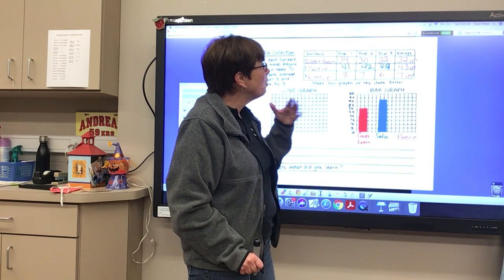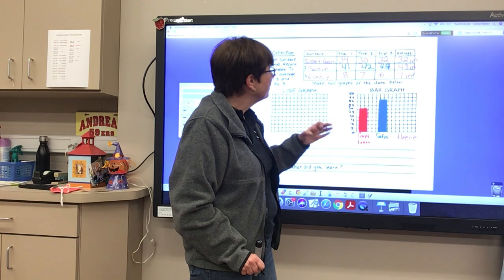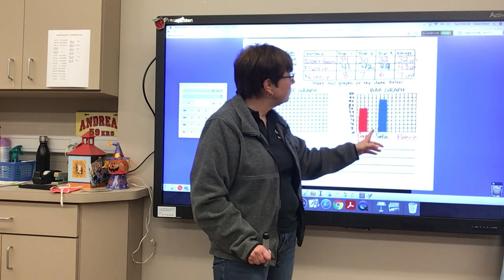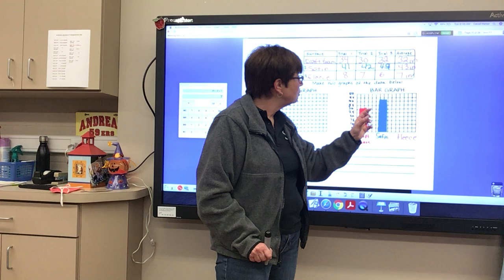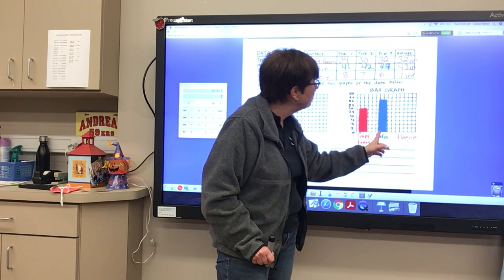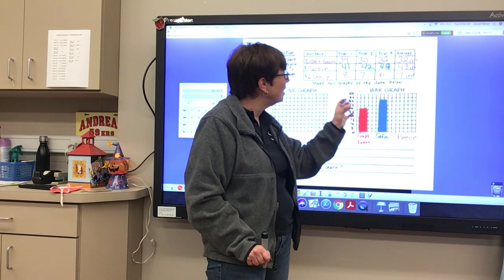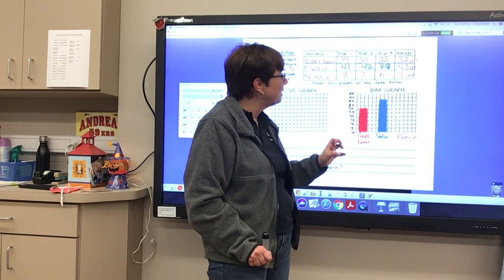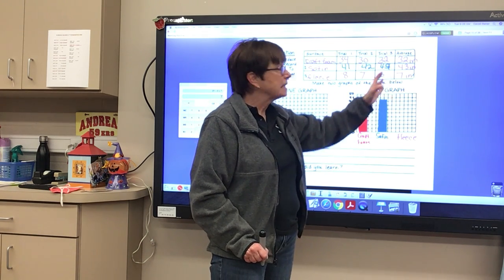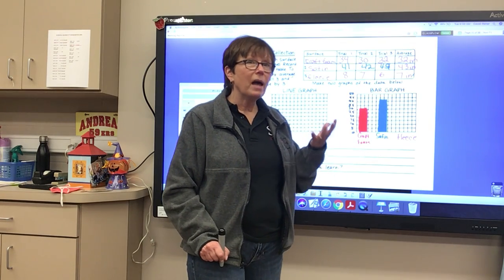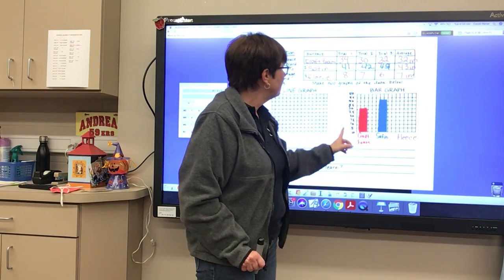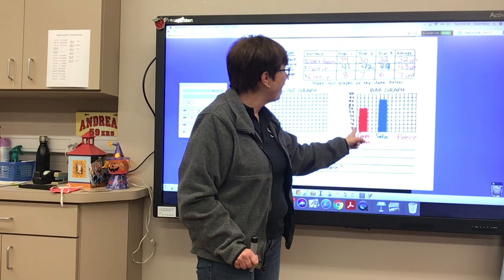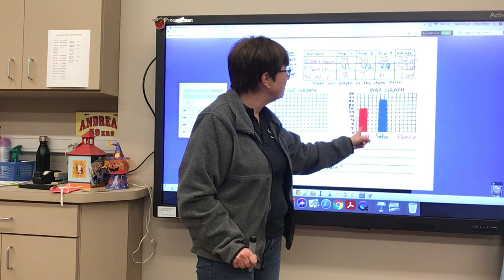So now I'm going to make my bar. I made my bars nice and fat, about a thickness of 2, so I could see them. And now I'm going to make a 7-inch bar. That means it's going to be a little taller than the 5-inch line.